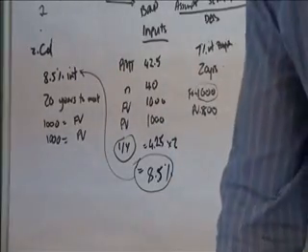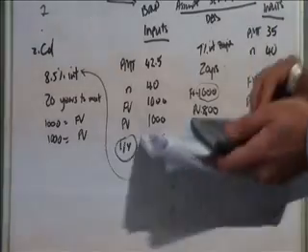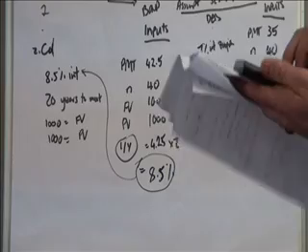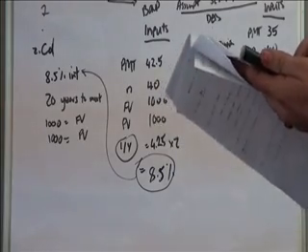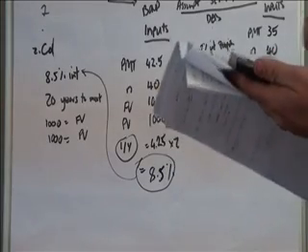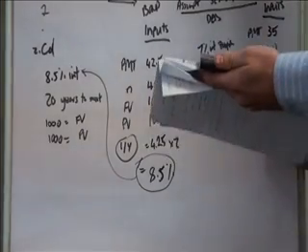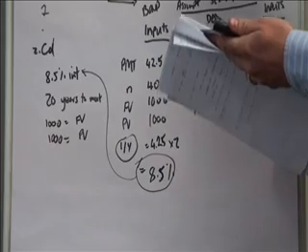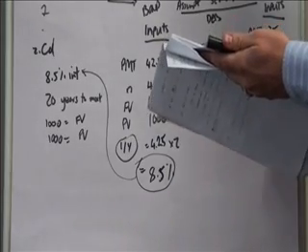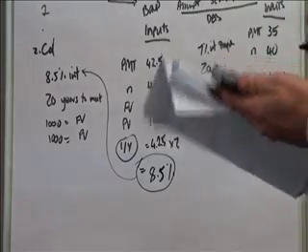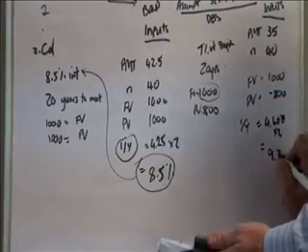So what I get when I solve for that, okay, 4.6029 times 2 equals, I get 9.21%.